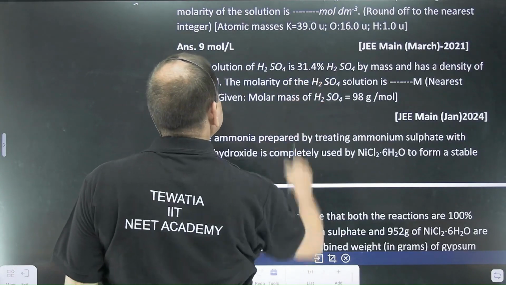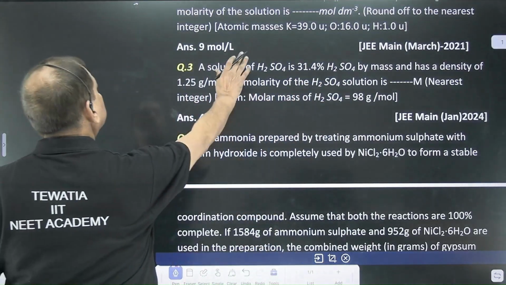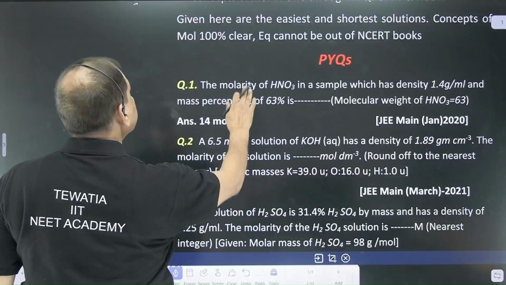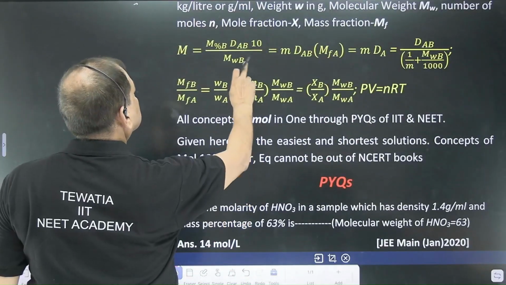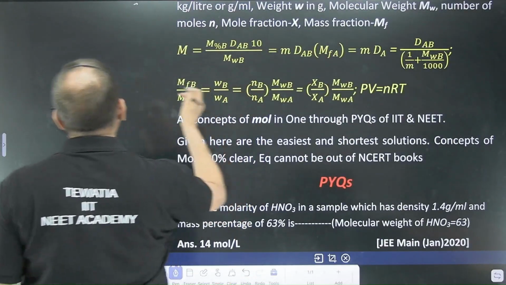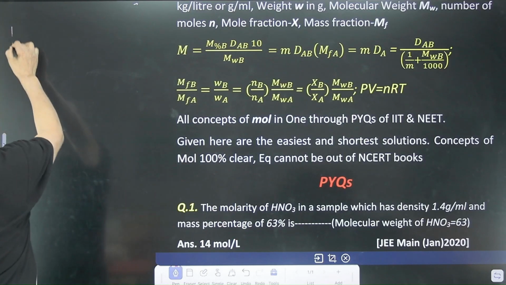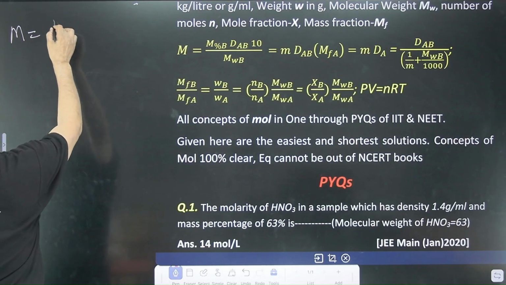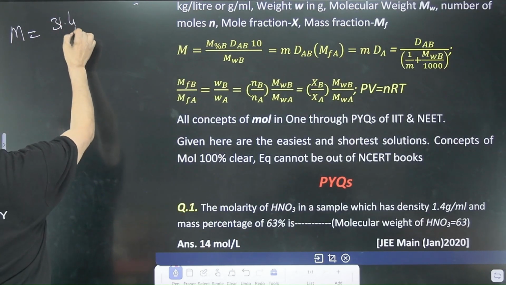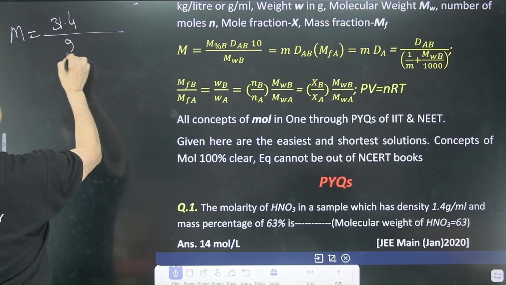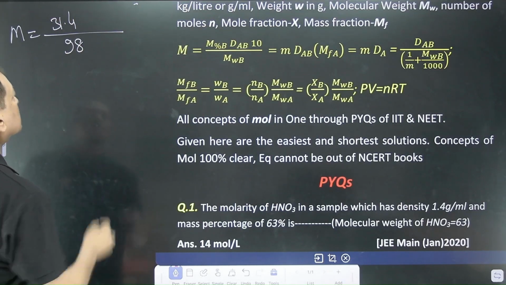This percentage is given, this is similar to question 1. So use this formula. M is equal to 31.4 by 98.